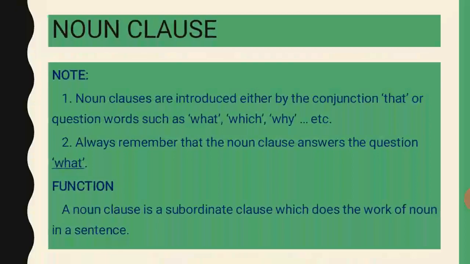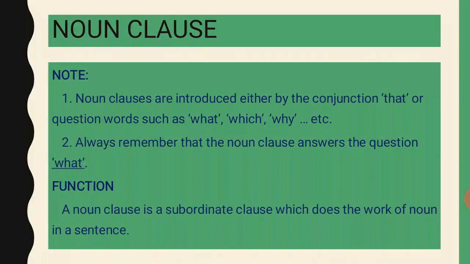Here we have to note a point: noun clauses are introduced either by the conjunction that, or by question words such as what, which, why, etc. Second point we have to note: always remember that the noun clause answers the question what. And the noun clause function I have given you: a noun clause is a subordinate clause which does the work of a noun in a sentence.